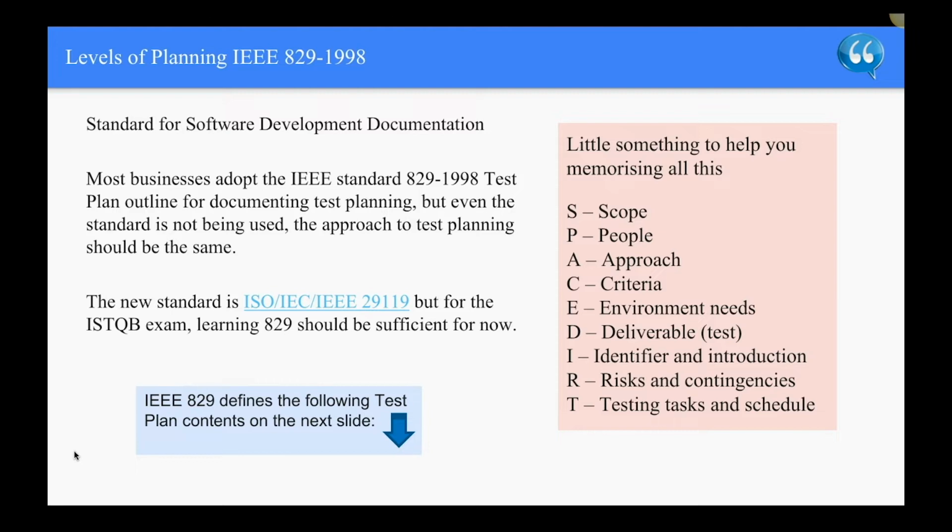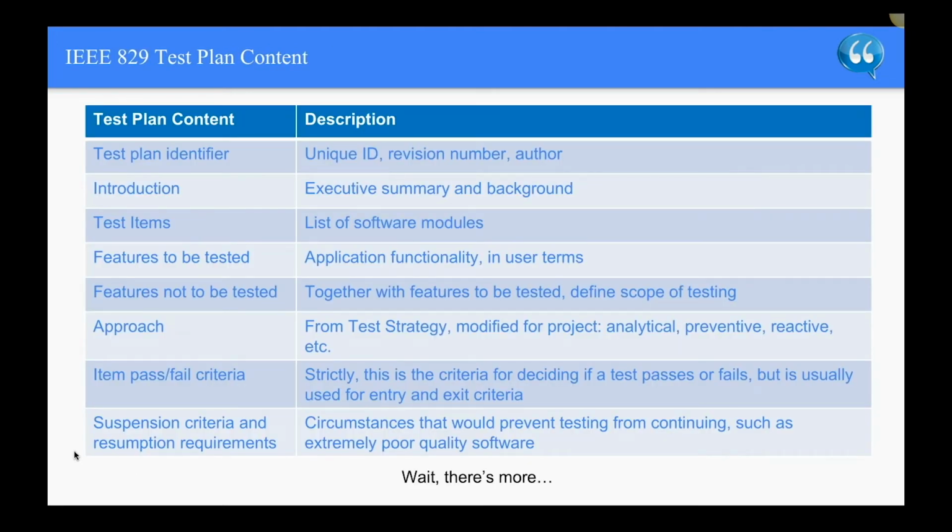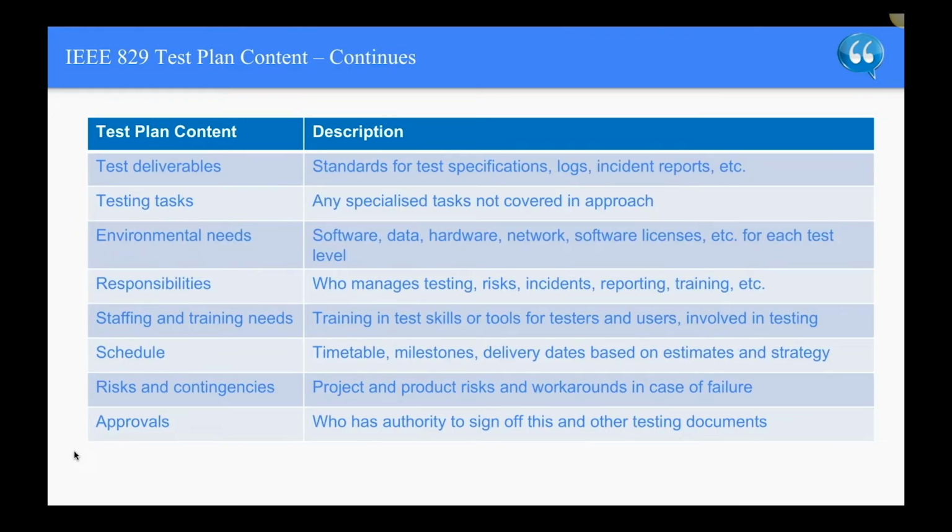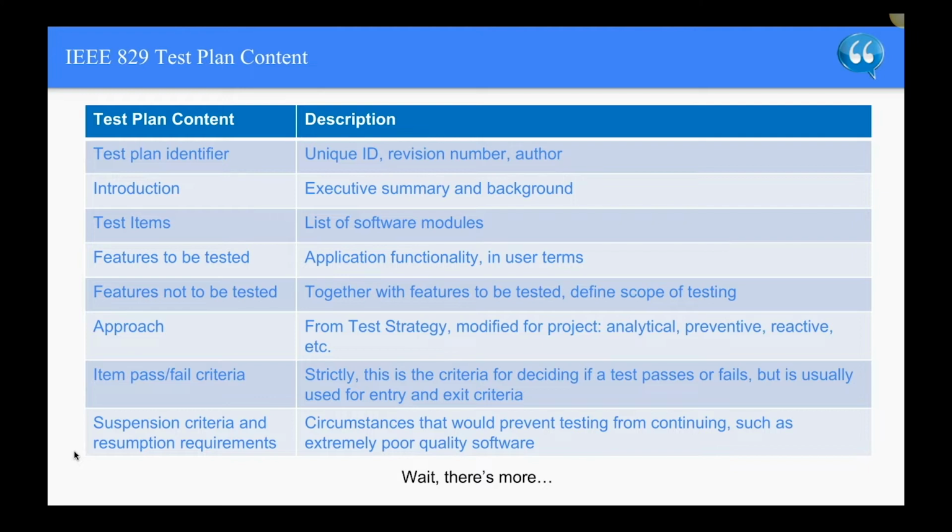So moving on, the test plan content. This is a table. There's a bit more there, so I couldn't fit it in one slide. So the IEEE 829 test plan content is as shown here. You should start off with the test plan identifier, a unique ID, like a number, so you can refer back to it and easily identify and find it.